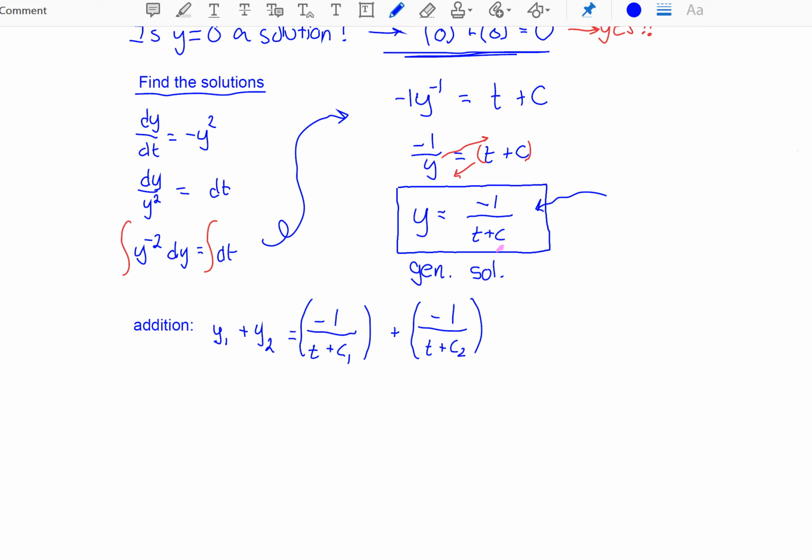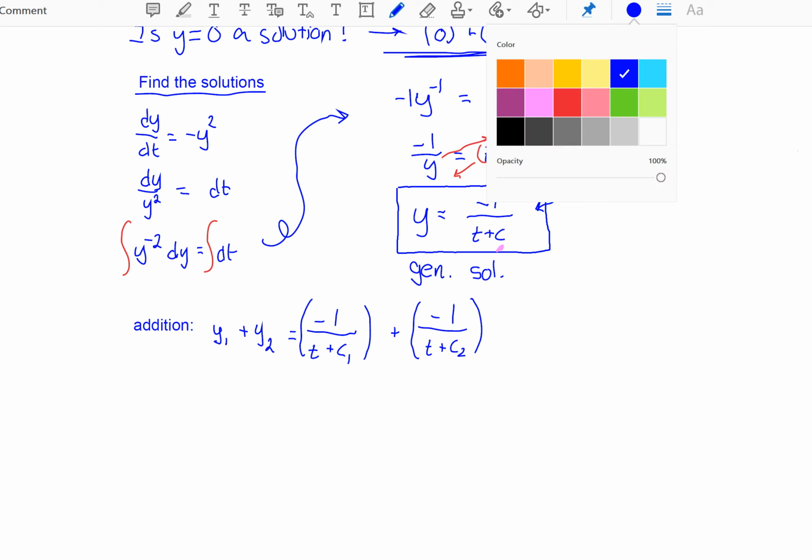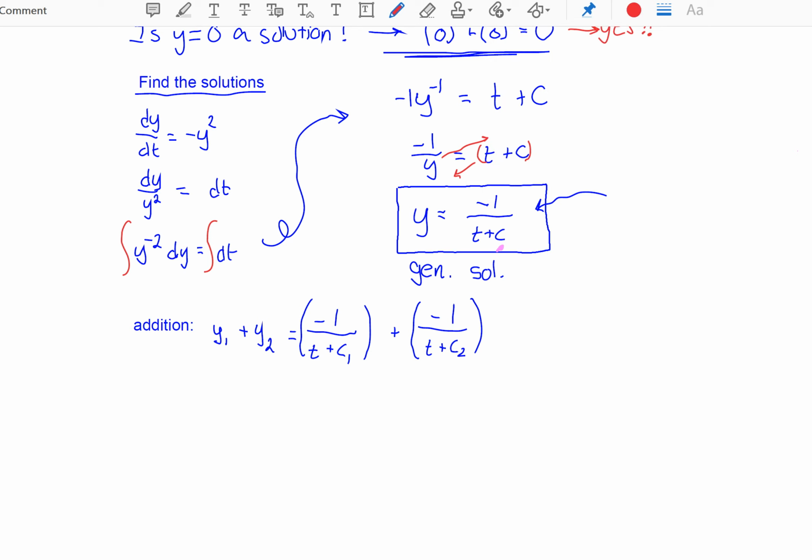Now, if we were going to add these two fractions together, we would have to have common denominators. So maybe we would multiply this one by t plus c1 on the top and bottom, and this one by t plus c2 on the top and the bottom.